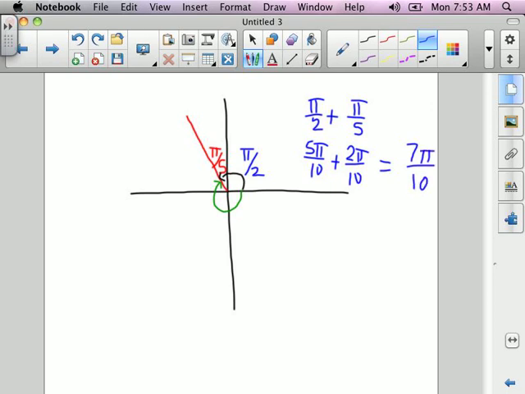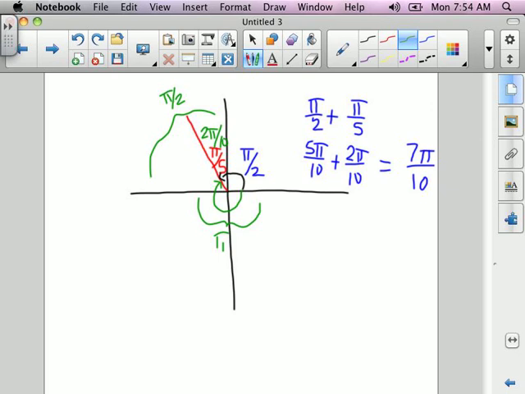And if I do it going the other way as well, my green angle, I have a full pi from this whole bottom part. And if that's a pi over 5, got to deal with the rest of the fraction there. Let's see. This whole quadrant is a pi over 2, which, let's see, pi over 5 is the same thing as 2 pi over 10.